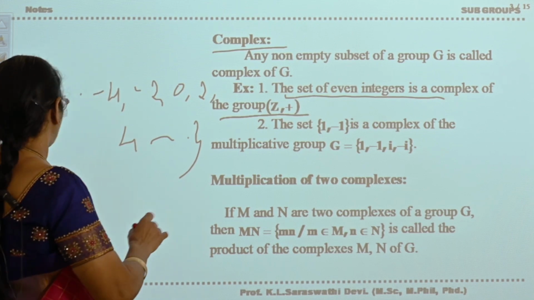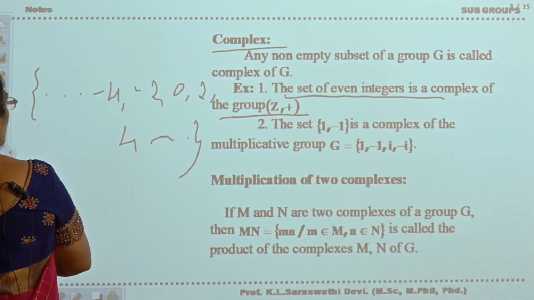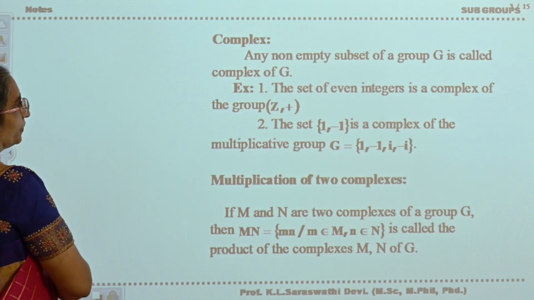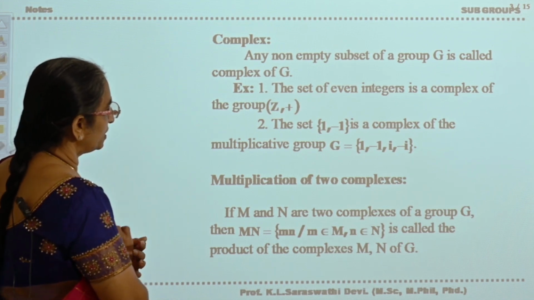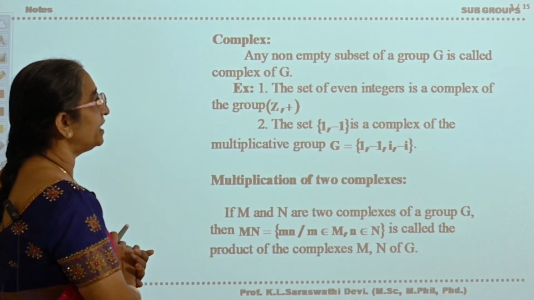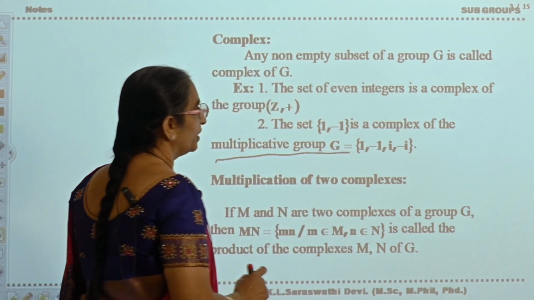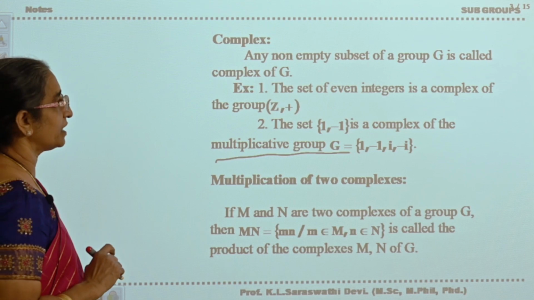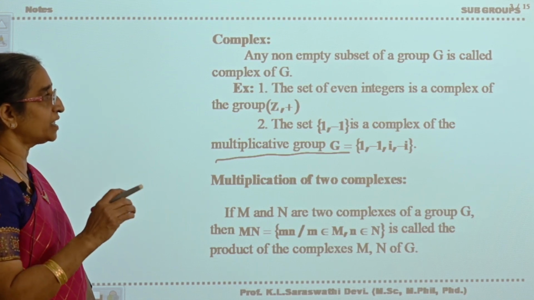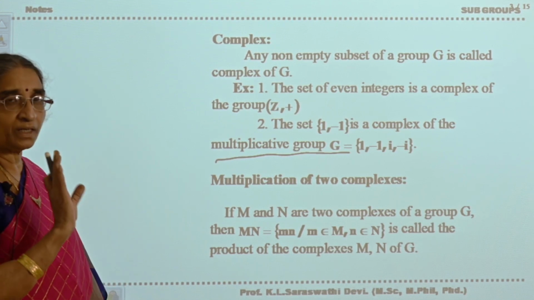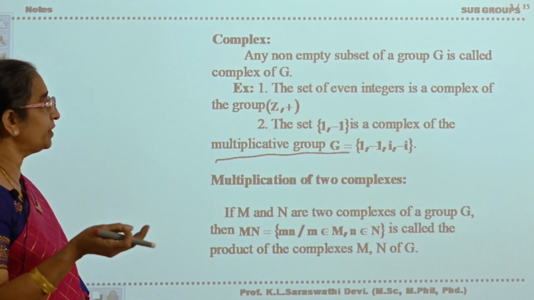Next, the set {1, -1} is a complex of the multiplicative group G. Here {1, -1} will also become a group, but a complex need not be a group.